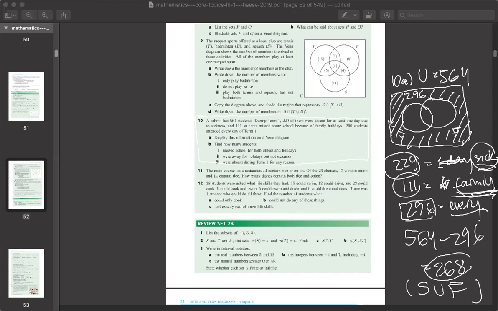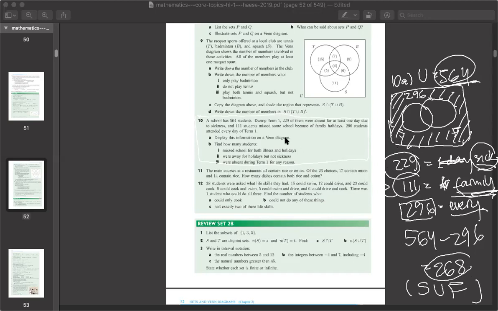If you're not sure whether they exist, an easy way to determine that is to add these two values and see if the total is bigger than the number of students, because you can't have numbers bigger than 564. That's impossible.